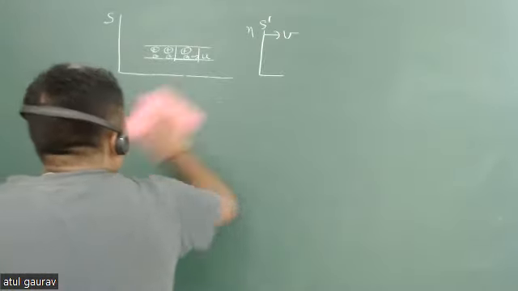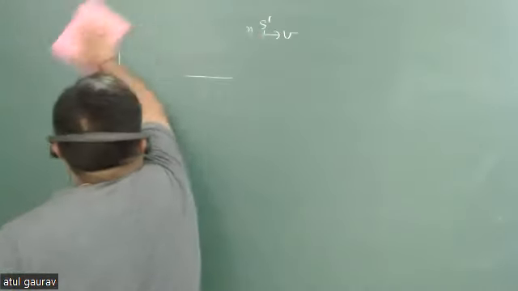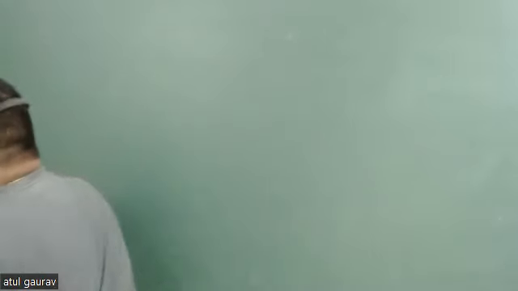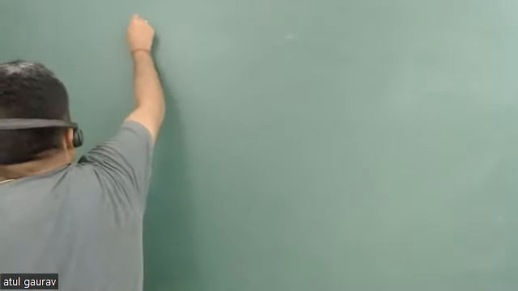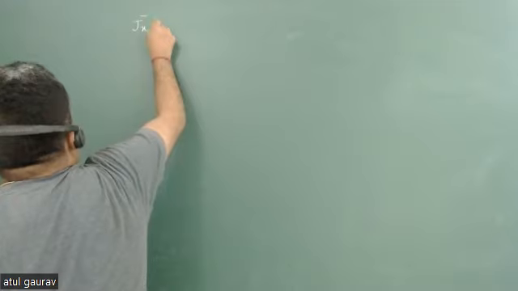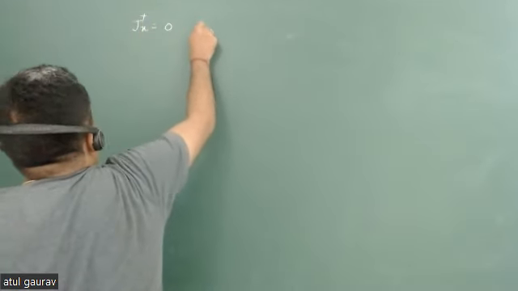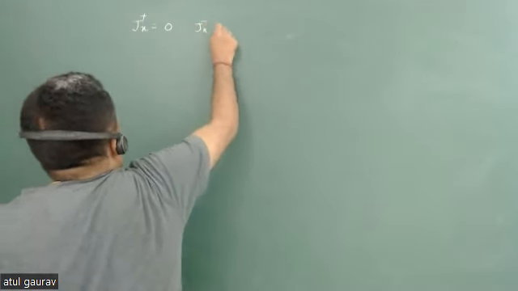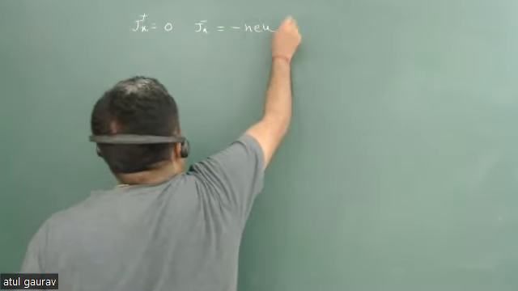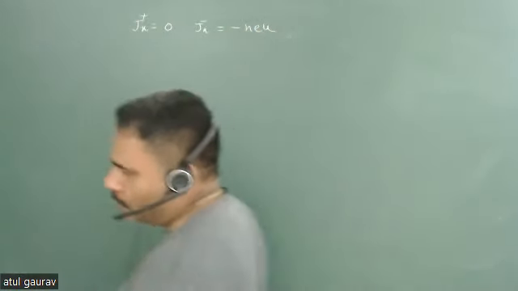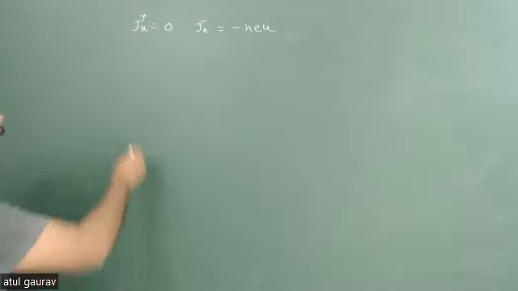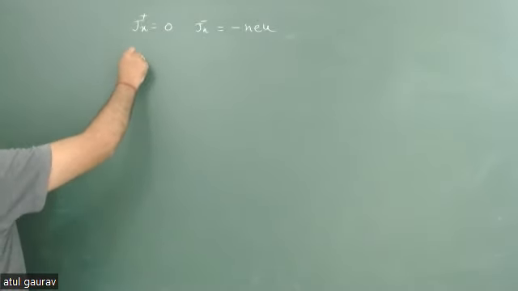Tell me once, what current density did we get? What did we get for jx minus? jx plus is equal to 0, and jx minus is equal to what? Minus neu. Okay, so let's try to go for jx plus dash.